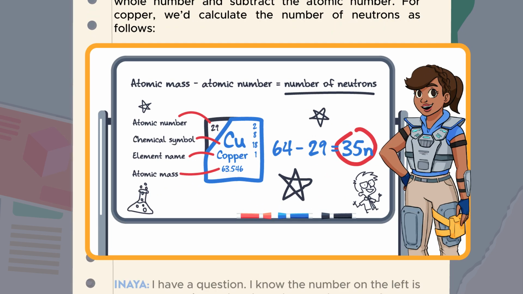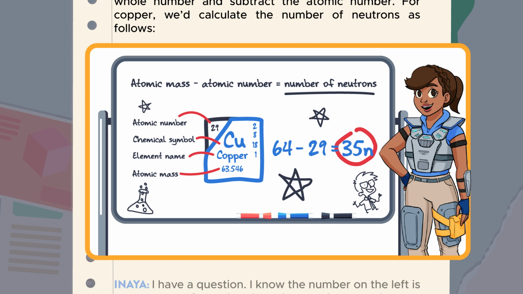The image shows a whiteboard with the equation for determining the number of neutrons in an atom. Atomic mass minus atomic number equals the number of neutrons. A periodic table tile for copper is shown with an atomic number of 29, a chemical symbol Cu, the element name copper, and an atomic mass of 63.546.